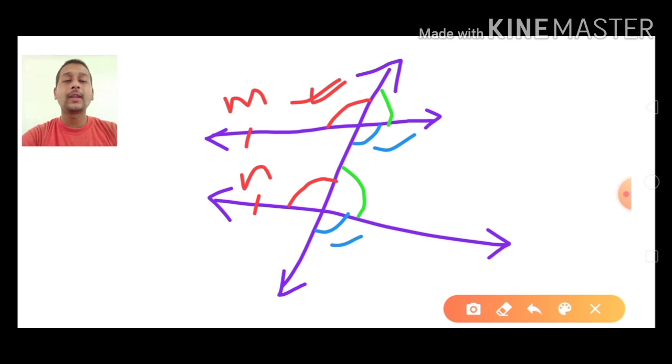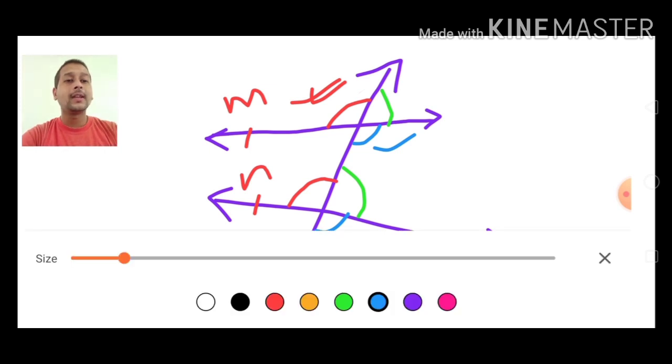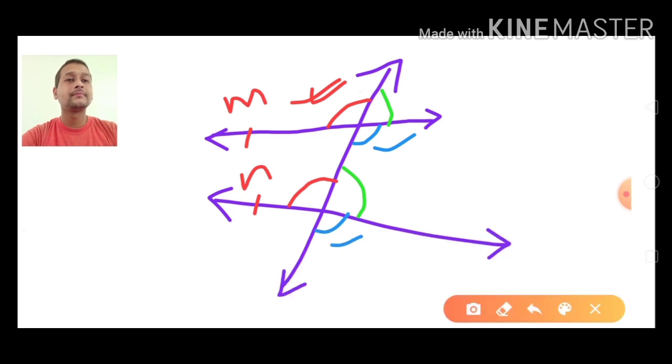So these two are again corresponding angles, and this angle and this angle also are corresponding angles.